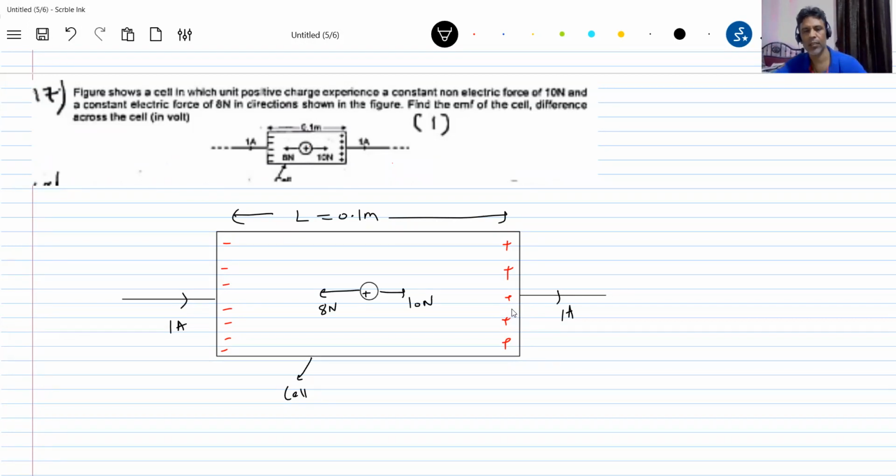and 8 Newton. A constant non-electric force of 10 Newton.